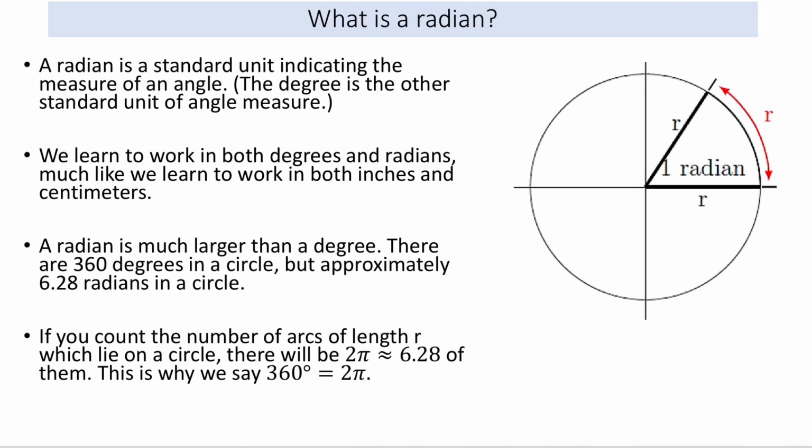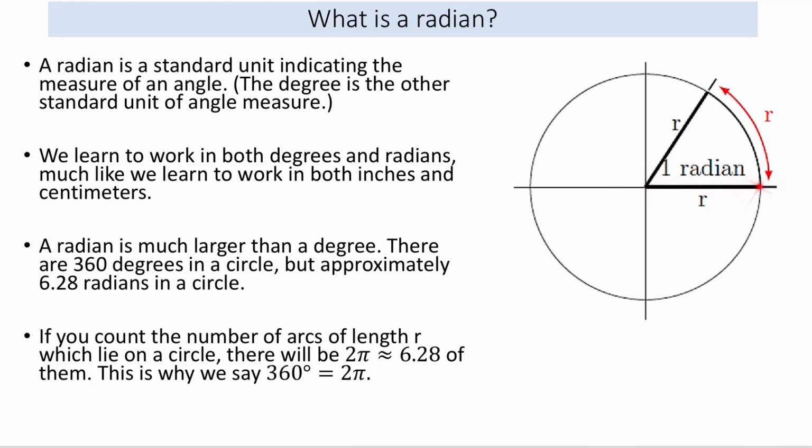Now if I look at my diagram over here, I've got a radius from here to here, and I've got another radius from here to here, and then I can think about a flexible radius.